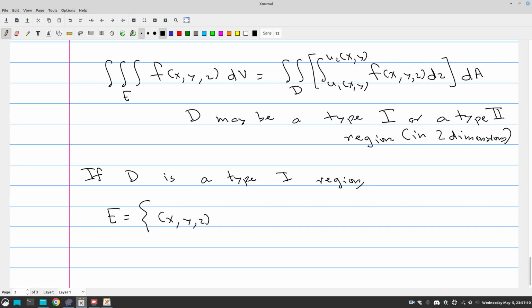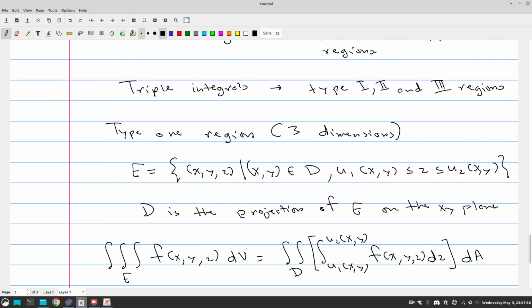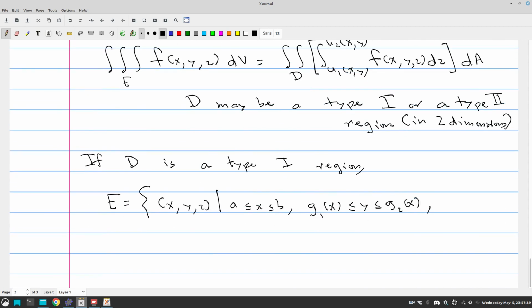The set of all coordinates x, y, z such that x is between 2 constant values, y is between 2 functions of x, g1(x) and g2(x), and z is of course as before between u1(x,y) and u2(x,y).